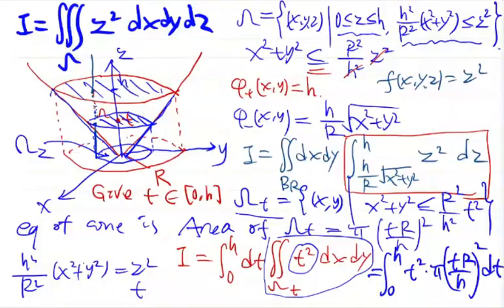So this is the integral of a power function. It is very easy to compute. The result is one fifth pi r squared h cubed. This is the final result.